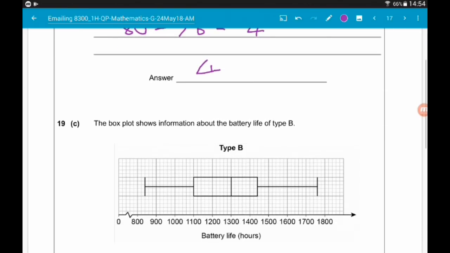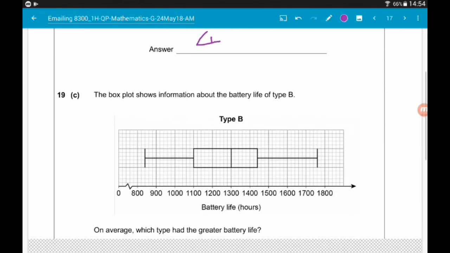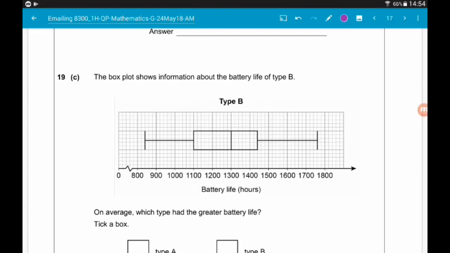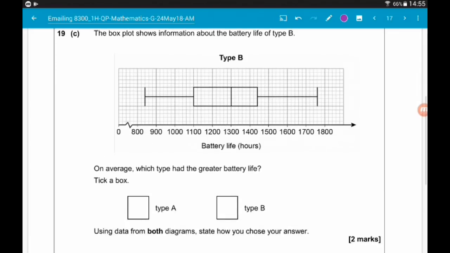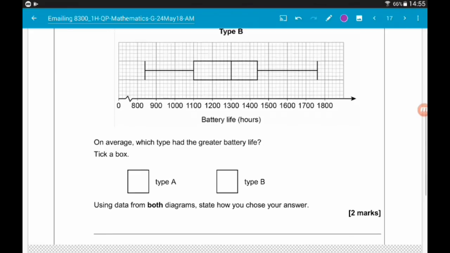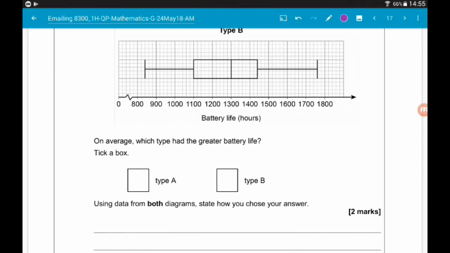Okay, then part C gives us a box plot showing information about the battery life of type B batteries. We are asked, on average, which type of battery had the greatest battery life.